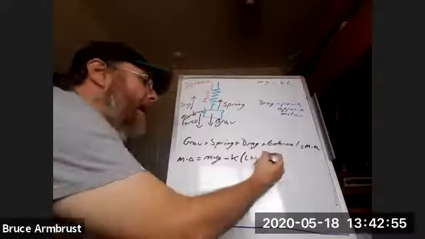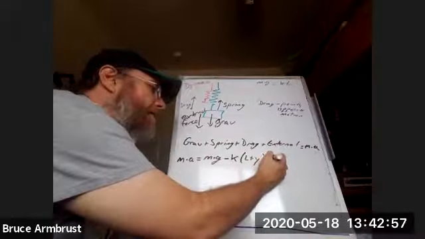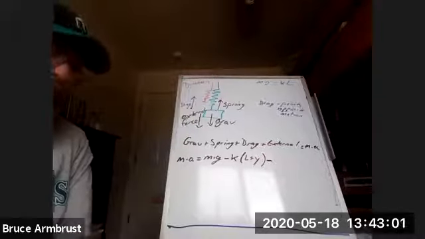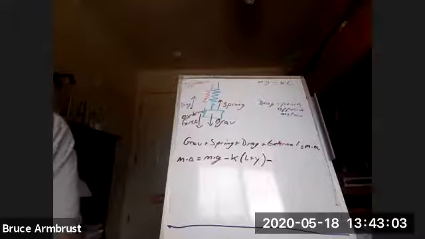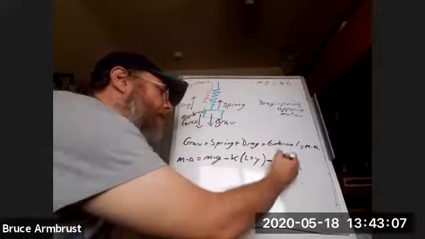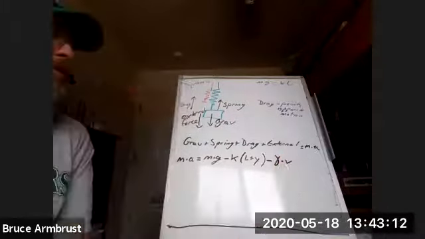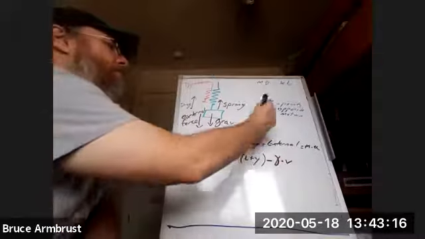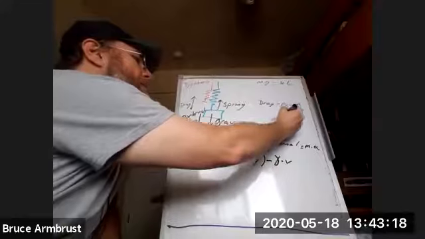Then I need to add something for the drag. Now, drag is going to point in the opposite direction, so it's going to be a minus. And we're going to say that it's proportional to the velocity. Let me just write that up here.